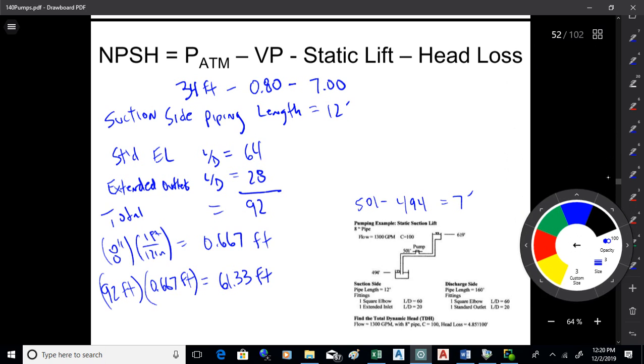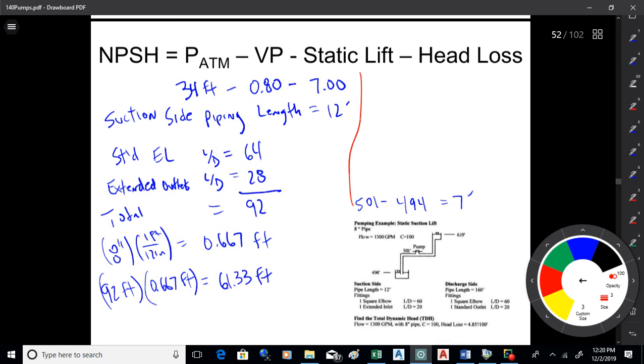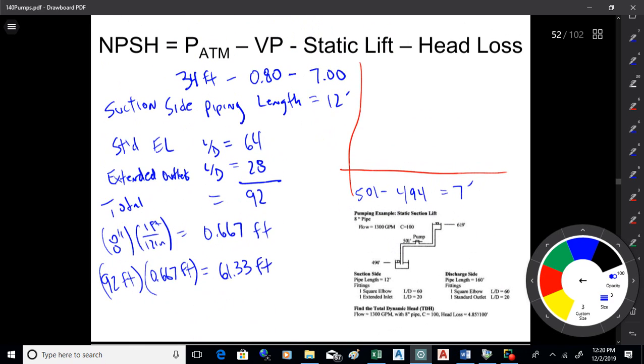Y'all okay with that? Now our head loss per 100 feet is 4.85 feet. That's just on that head loss chart on page 108. So what we can do now is take the pipe length, which is 12 feet, and add it to our equivalent length of the fittings.